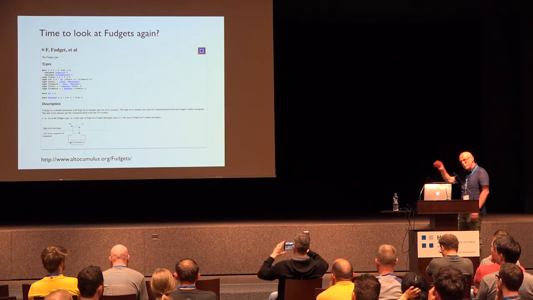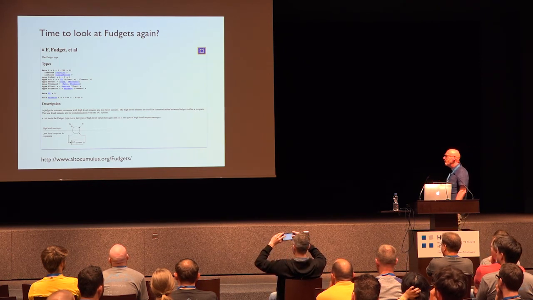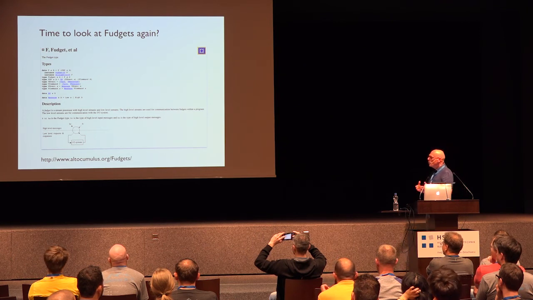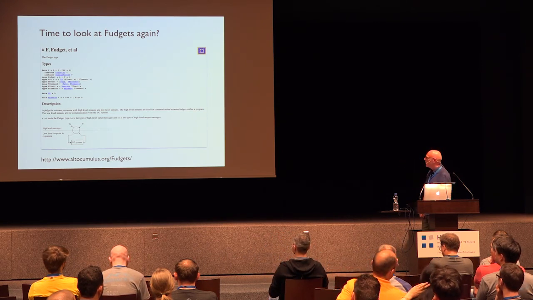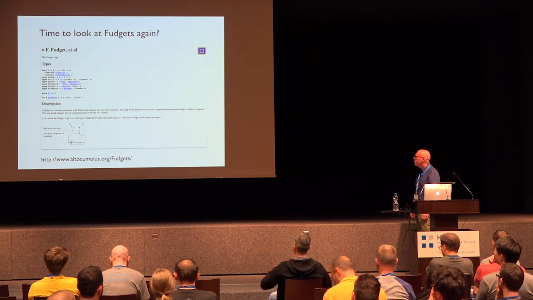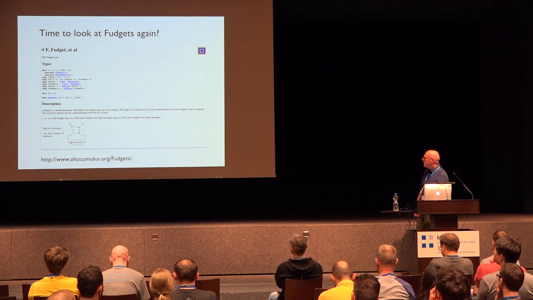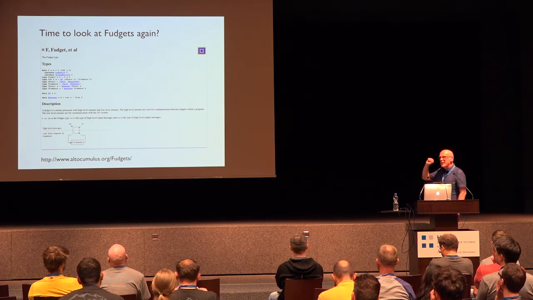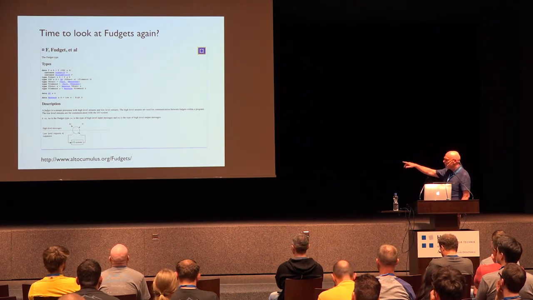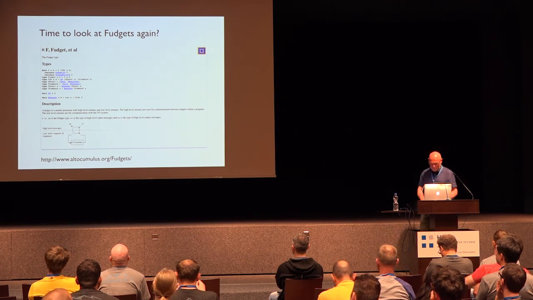So this model of processing streams was shown to be entirely viable in a much more realistic context, not thinking of strings going to a command line. So maybe it's time to look at Fudgets again. The main development was between 96 and 99, but it's maintained and there's the link, so if you want to play with them, they are there to play with.